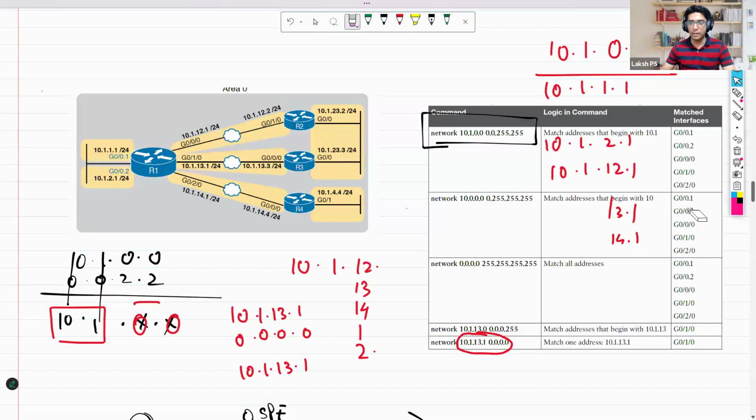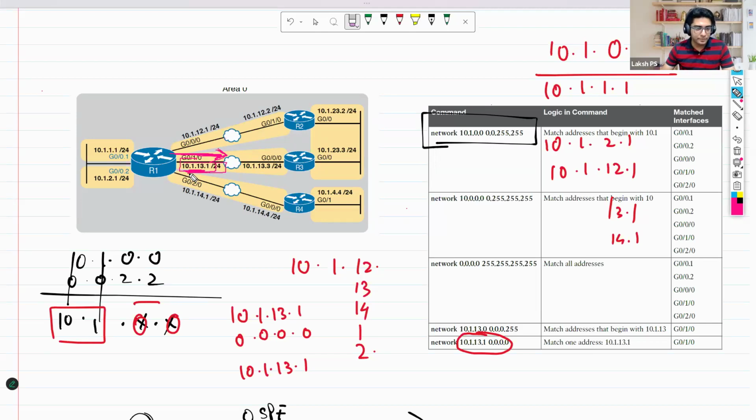In this diagram, because the OSPF message was sent only through this interface, and only this particular IP address was being covered, R3 would know only about this particular range of IP addresses, not any other.